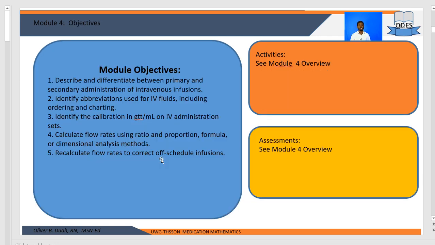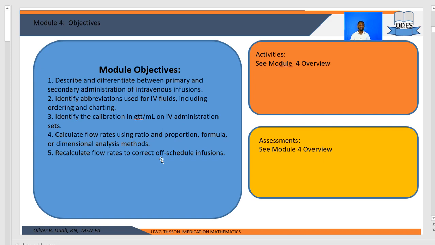The objectives of this module are, first, for you to be able to describe and differentiate between primary and secondary administration of intravenous infusions. Identify abbreviations used for IV fluids. So we've talked about IVP, which is IV push for injectable medications.